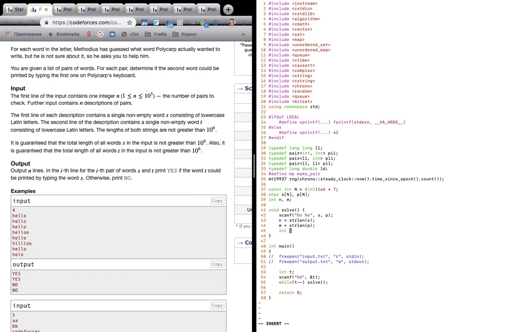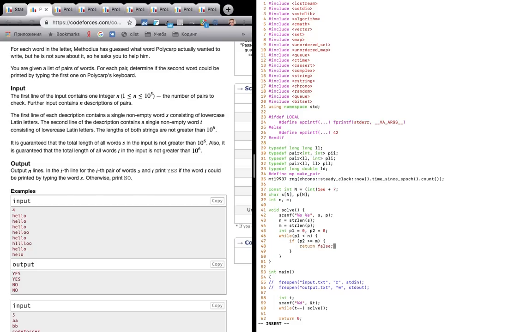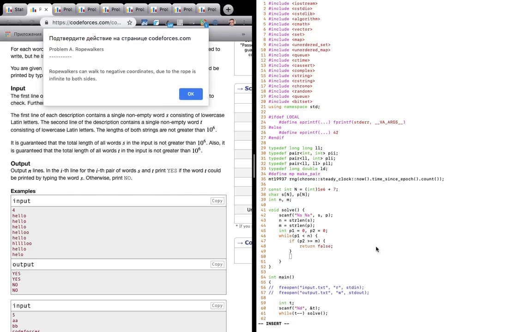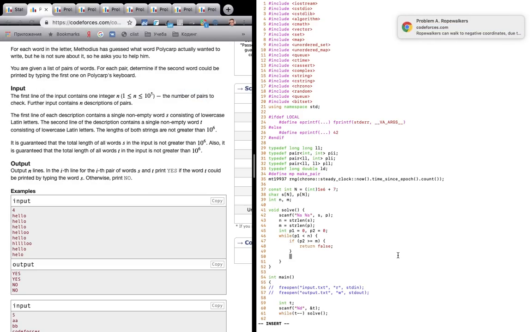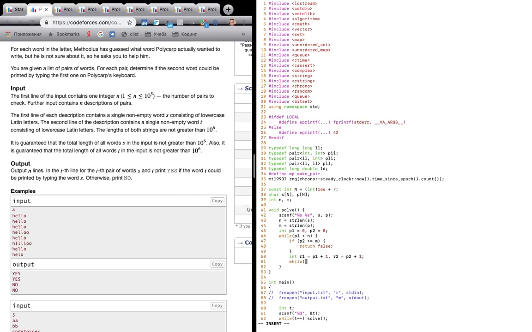So now I'm finding these groups of equal characters.